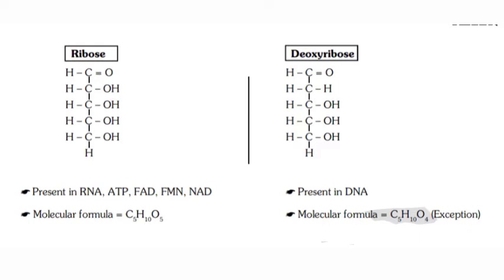Molecular formula is C5H10O4. Here we have to see the second carbon of ribose and deoxyribose. In ribose, the second carbon contains hydrogen and a hydroxyl group, but in deoxyribose, the second carbon contains free hydrogen on both sides.